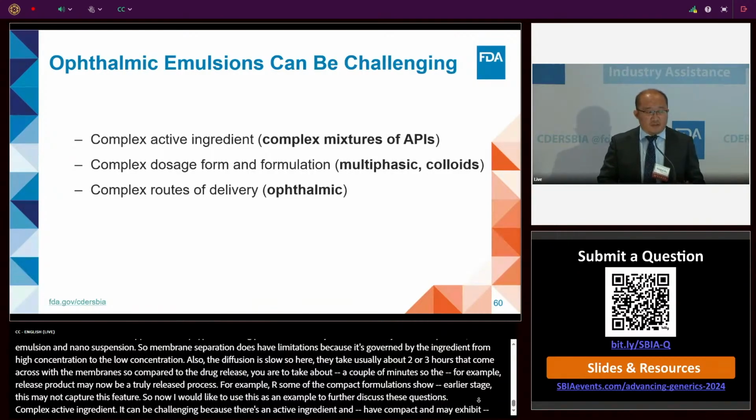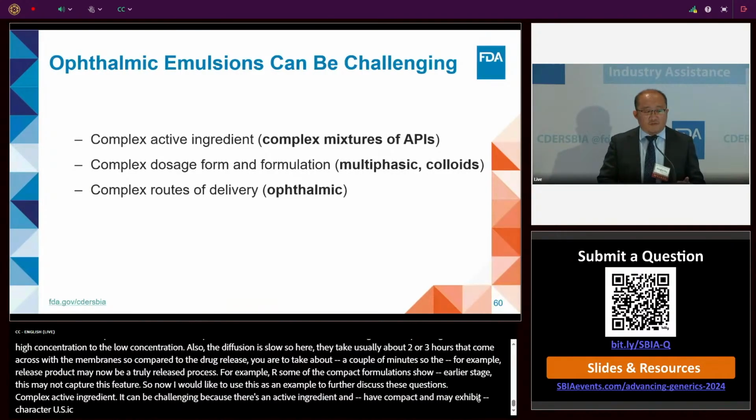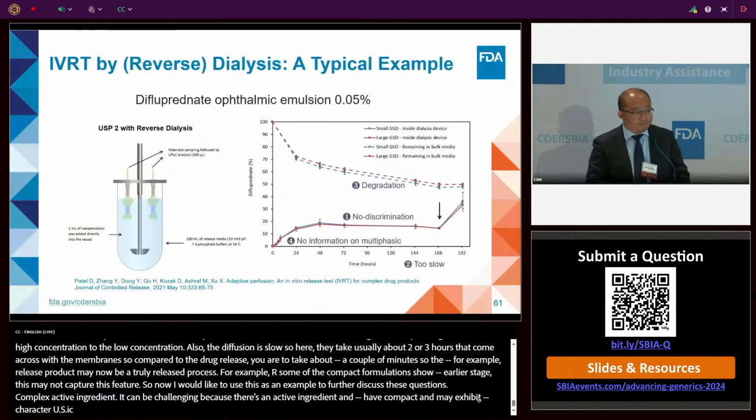Ophthalmic emulsions also have a complex route of delivery, which is through the eyes. All those features make ophthalmic emulsion a good example of a complex drug product.